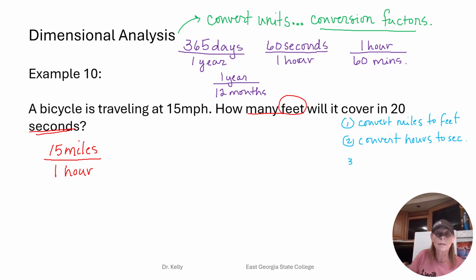And finally, we need to multiply by 20 to find the solution for 20 seconds.